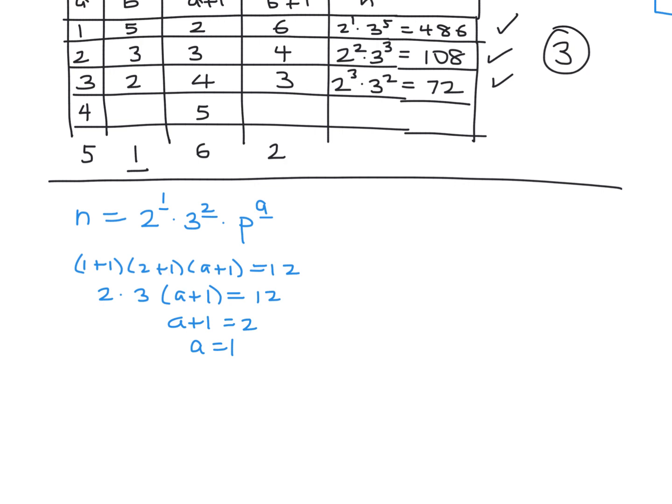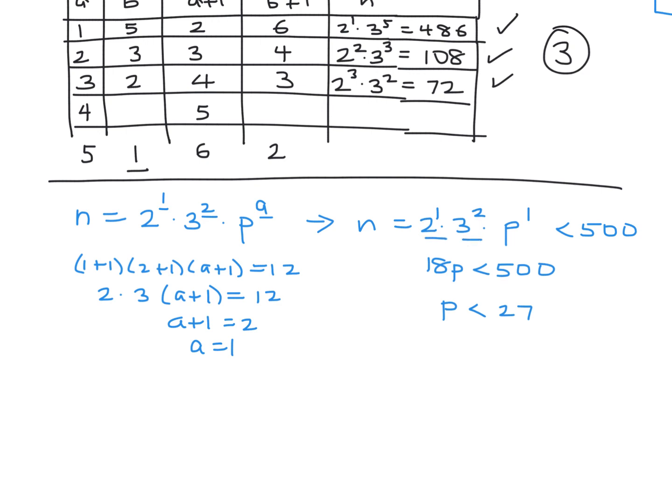That means this N is actually equal to 2 to the power of 1 times 3 to the power of 2 times some prime number to the power of 1, and that's less than 500. So that means this is 18p is less than 500. So P has got to be less than 27. So basically any prime number less than 27 would satisfy this, but we can't use 2 and 3 because those have already been used.